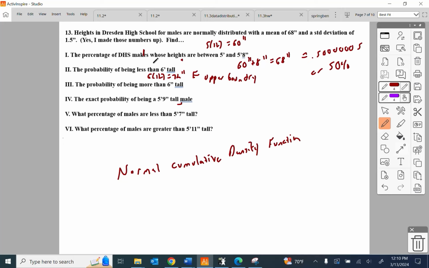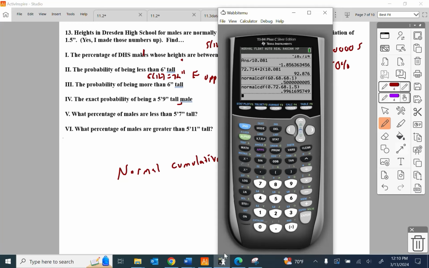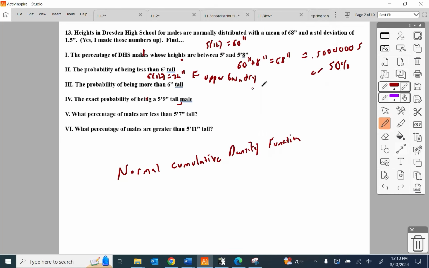That seems wrong. No, it doesn't. Most people are going to be less than 6 foot tall. I'm getting tired. I had something in my head. Let's say 99.6%. That should be more or less true.